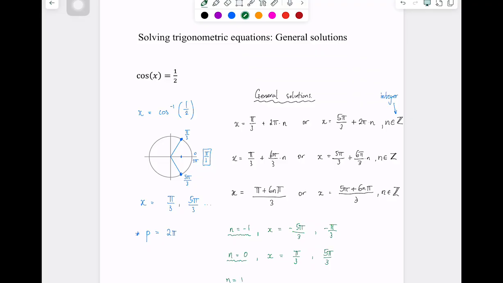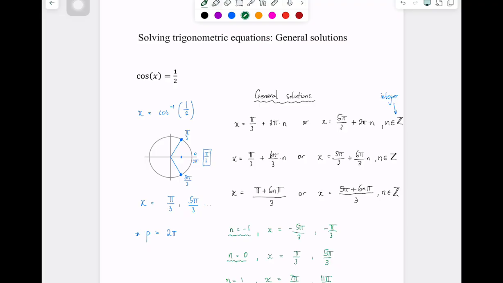If we let n equal 1, we get the next solution pair as we go around the unit circle. So with n equals 1, this becomes 6 pi. We've got pi plus 6 pi, which becomes 7 pi on 3. And last but not least, substituting into the second solution of the pair, we get 5 pi plus 6 pi, which is 11 pi on 3.